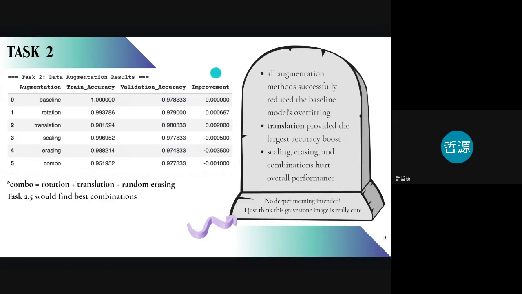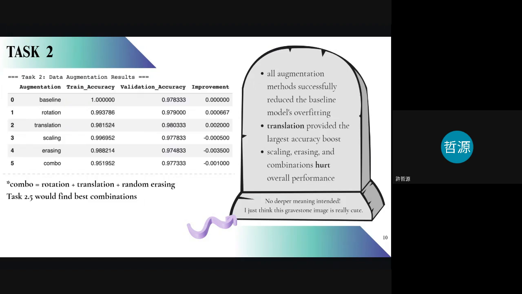However, every single augmentation method broke the memorization. They dropped training accuracy and narrowed the gap with validation accuracy. This proves our augmentation works. Instead of memorizing the data, the network learned more generalized features.